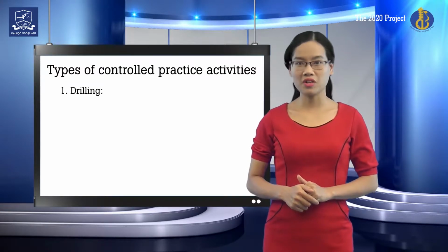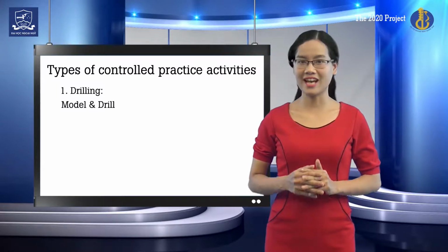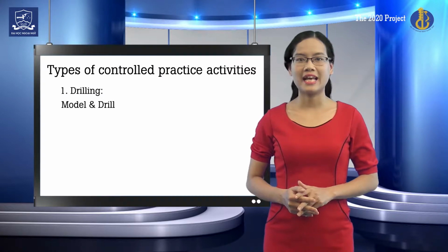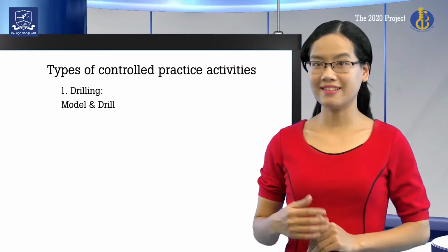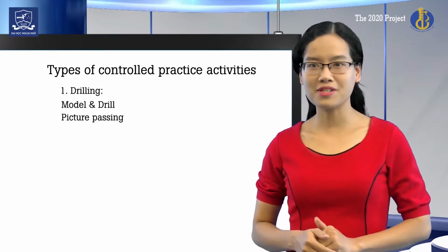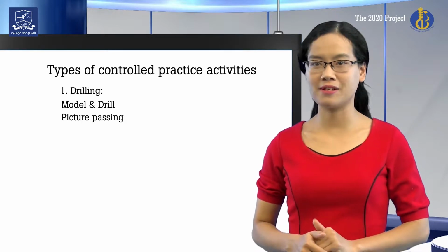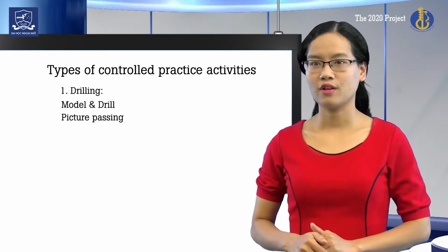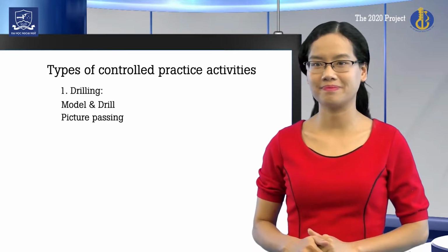In model and drill, the teacher or a video clip models the target language example, and then the students repeat. In another form, picture passing, for example, students pass the picture around the class and they need to produce some kind of target language. For example, "She has brown hair."